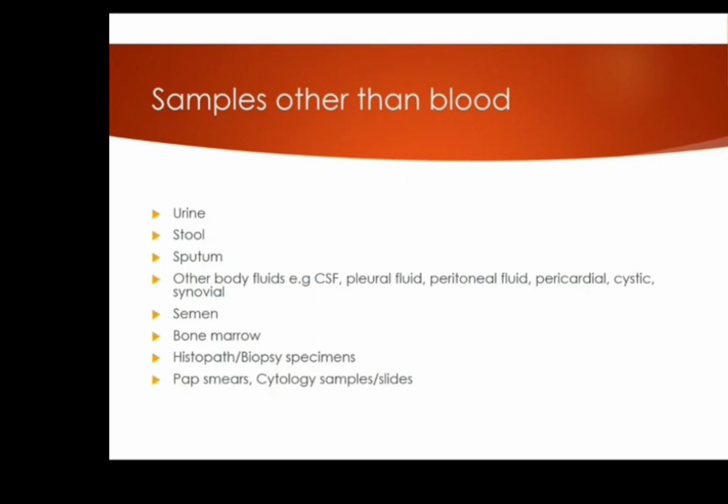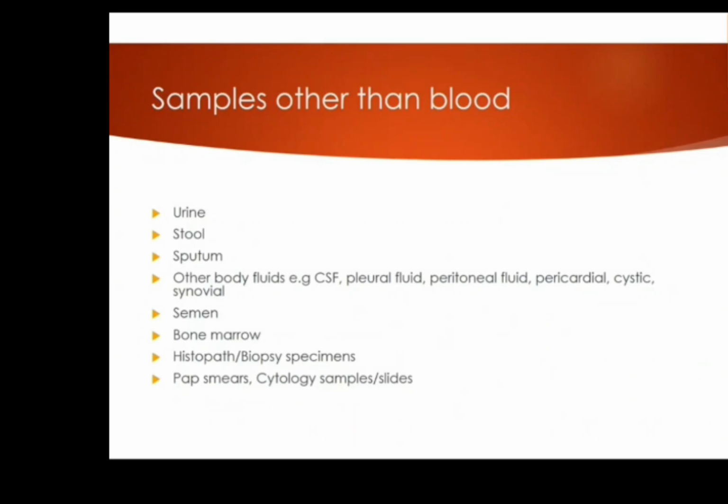And then we test stool for occult blood. Occult means hidden. So there might be times when the patient might be bleeding through the stool, but it is not visible to the naked eye. So that is where we do tests for occult blood.